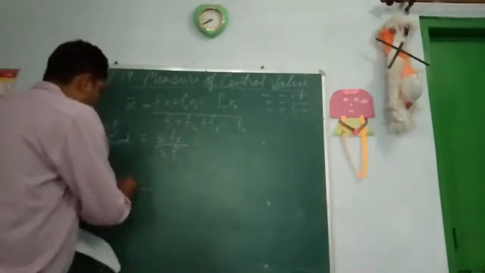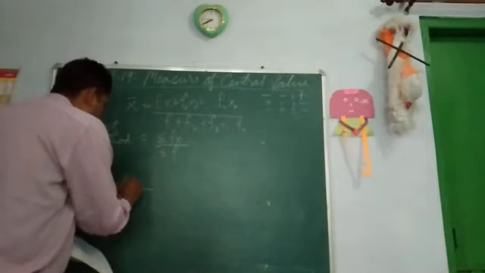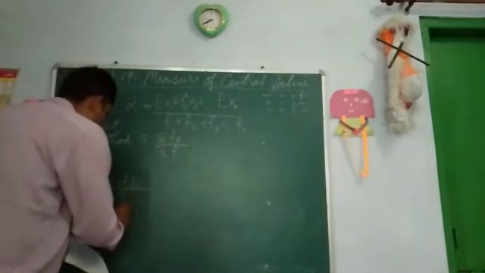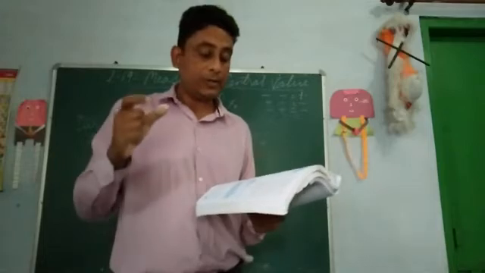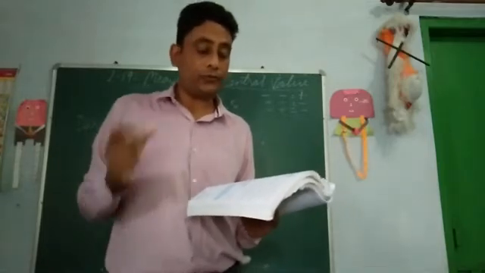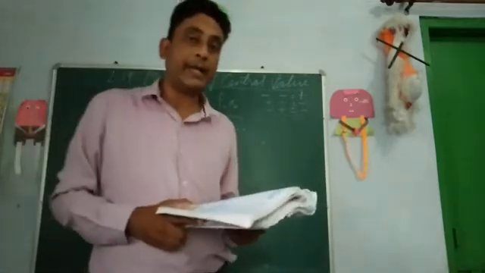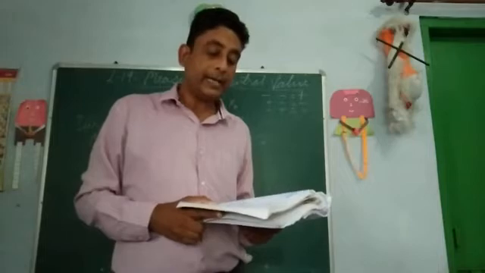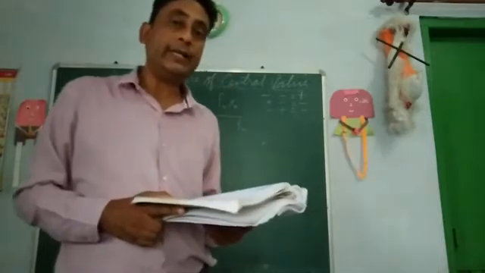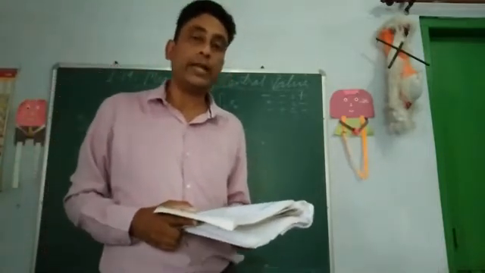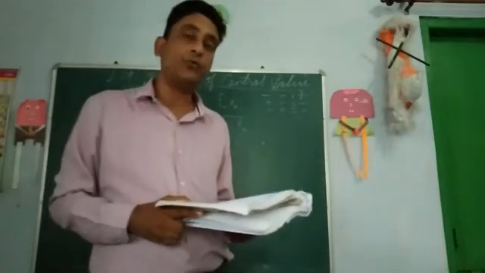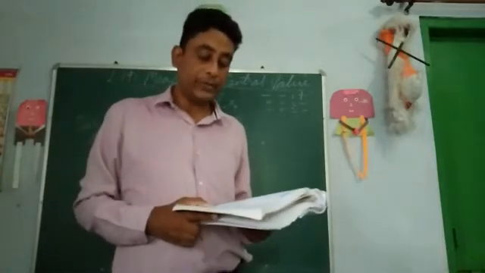The number of males is f, the frequency. At the age of 20, how many males are getting married? 1 male. At age 21? 2 males. At age 22? 4 males. So these are the frequencies.